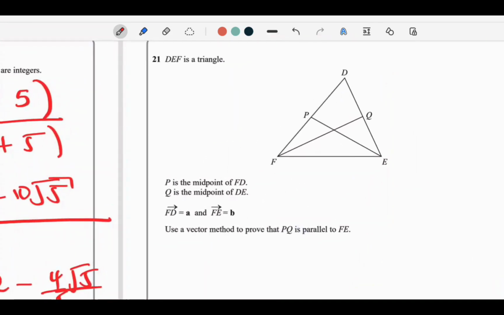Question 21. DF is a triangle. E is a midpoint of FD, right over here. Q is a midpoint of DE.